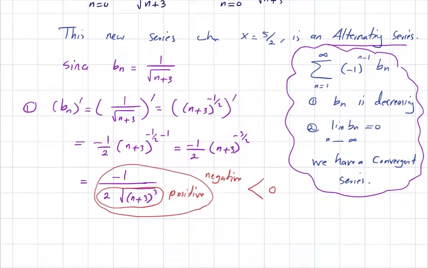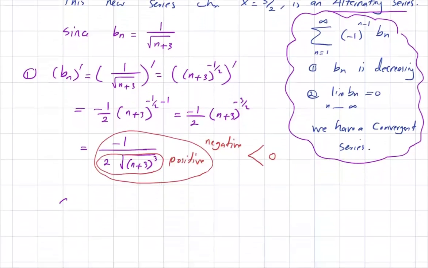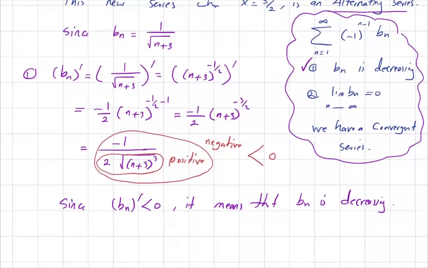So the derivative is negative. Since the derivative of bn is negative, it means that bn is decreasing. So the first condition is met.